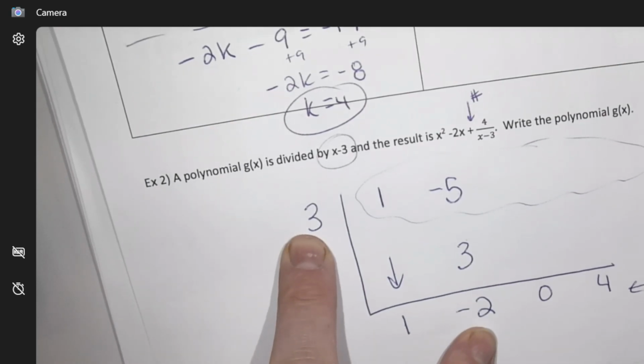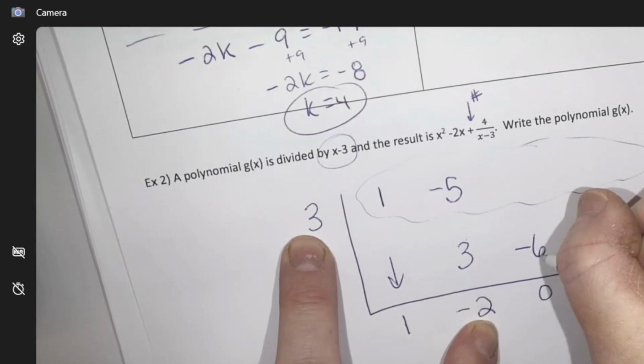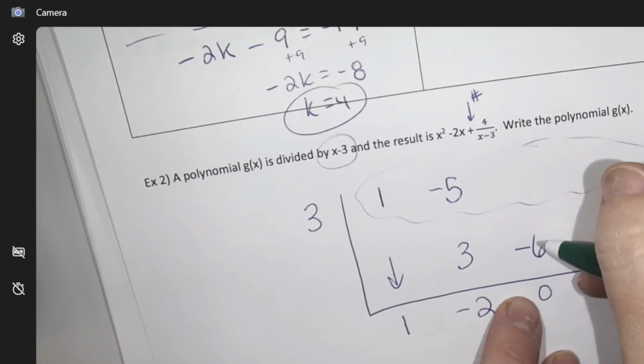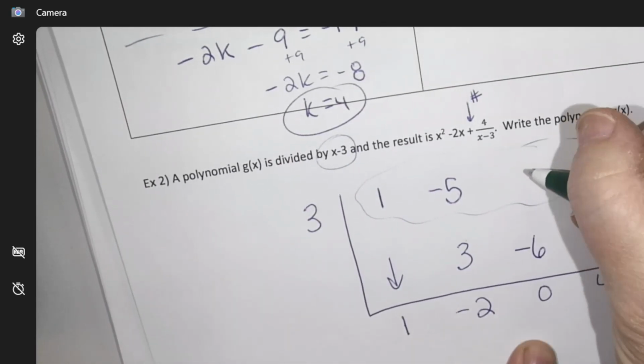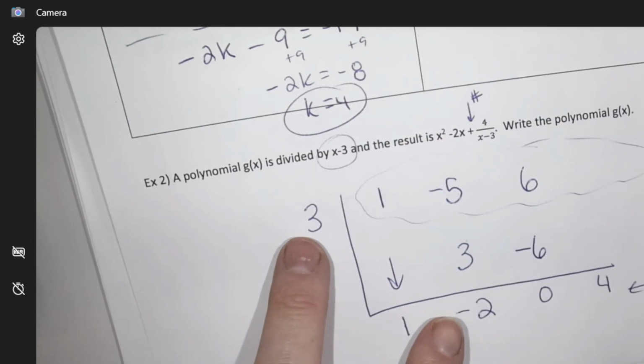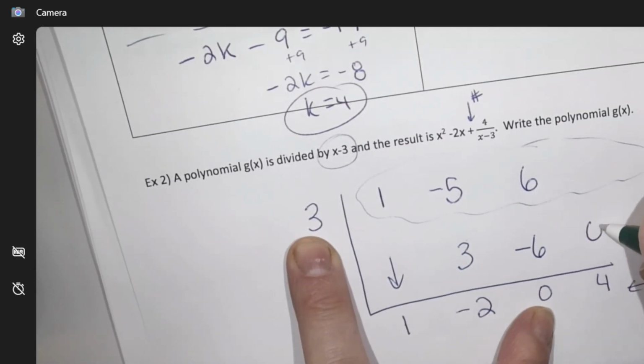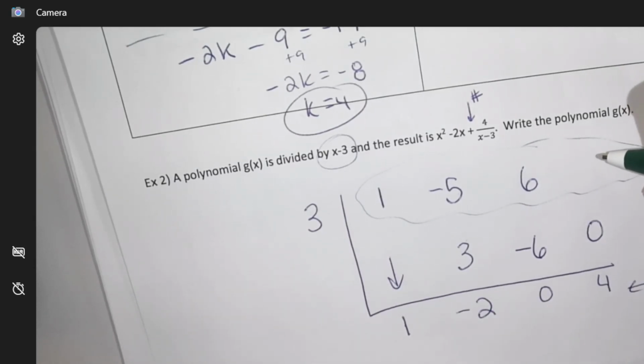Okay. 3 times -5 would have put a -15... I mean, 3 times -2 would have put a -6 right there. What plus -6 is 0? +6. And then what are we doing here? 3 times 0 would have been 0 there. And then what would I have needed at the top?